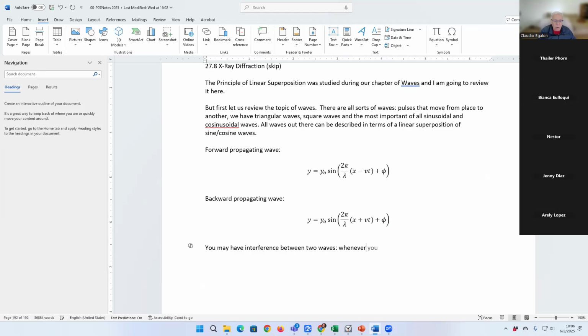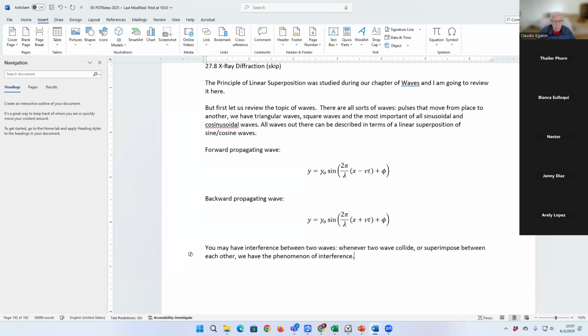Whenever two waves collide or superimpose between each other, we have the phenomenon of interference.